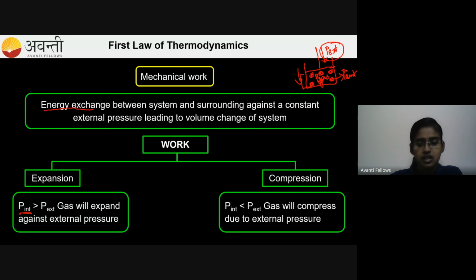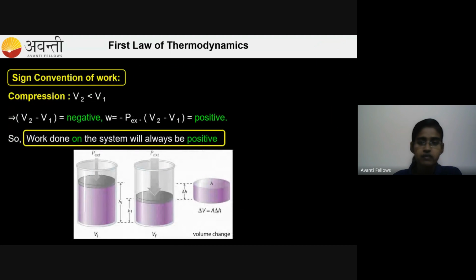I'll show you one more picture, from which you can understand. This picture denotes that the work is done on the system. This is the initial condition, the initial volume of the system. Now this is the external pressure, and the external pressure is more.